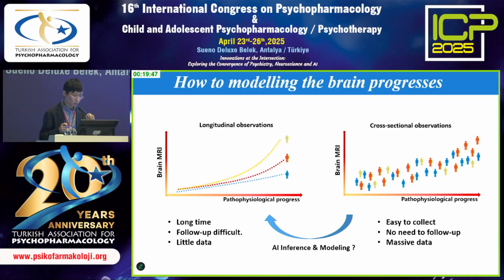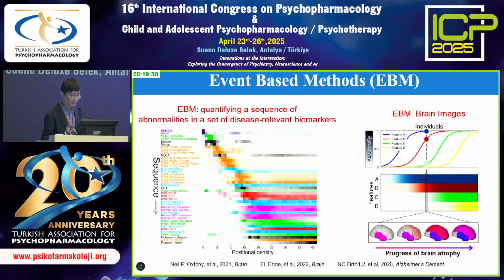So we wanted to know if we can model it using cross-sectional MRI data, because it's easy to collect and there is much more cross-sectional data. So we found AI methods to model it using cross-sectional data.